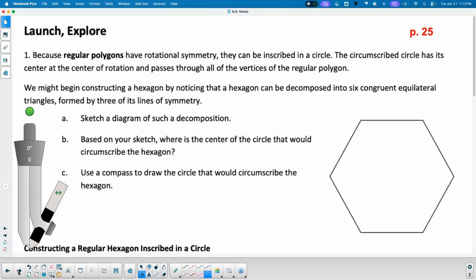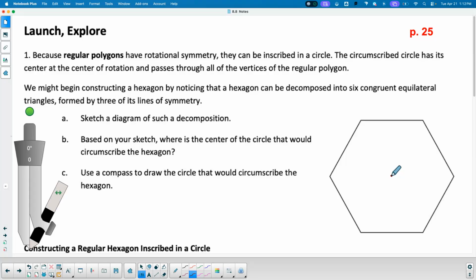Regular polygons have rotational symmetry. They can be inscribed in a circle, okay? Meaning there's a circle, and we did this the other day. We gave you the center point of the polygon, and then you took the compass and you extended it out to the vertices, and you made the circle around, right?